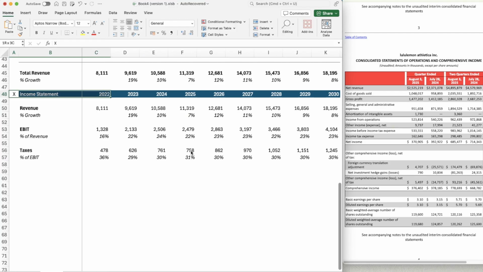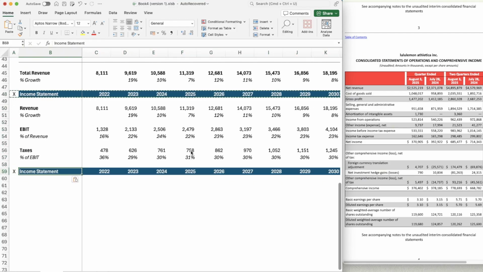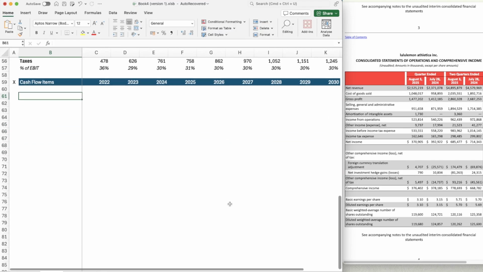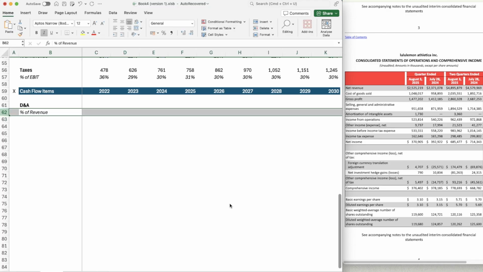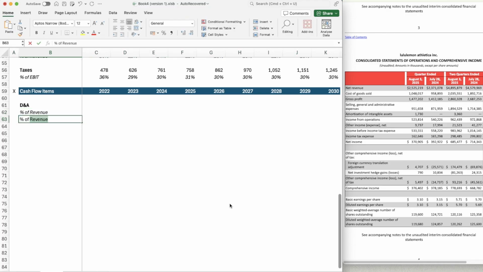Now we park this one for a bit and we go on to the cash flow items. They are depreciation and amortization as a percentage of revenue, then CapEx, capital expenditures.